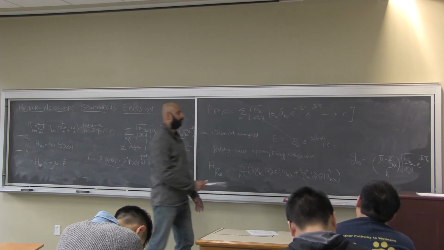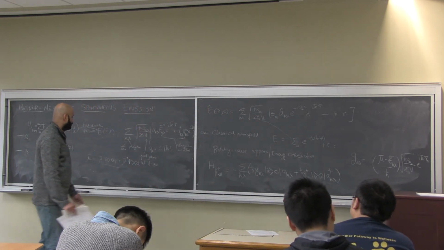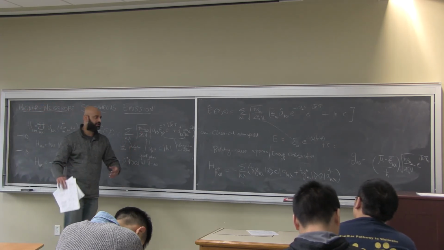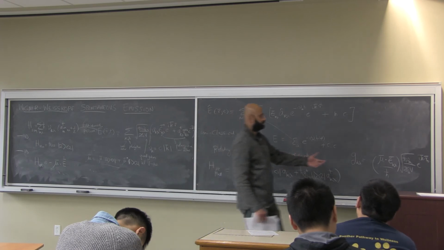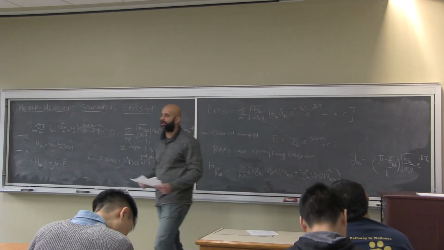Okay. If you had a different type of normalization, for example, if you had some standing wave cavity, then you might change what is sitting out here. There might be some cosine k dot r naught.